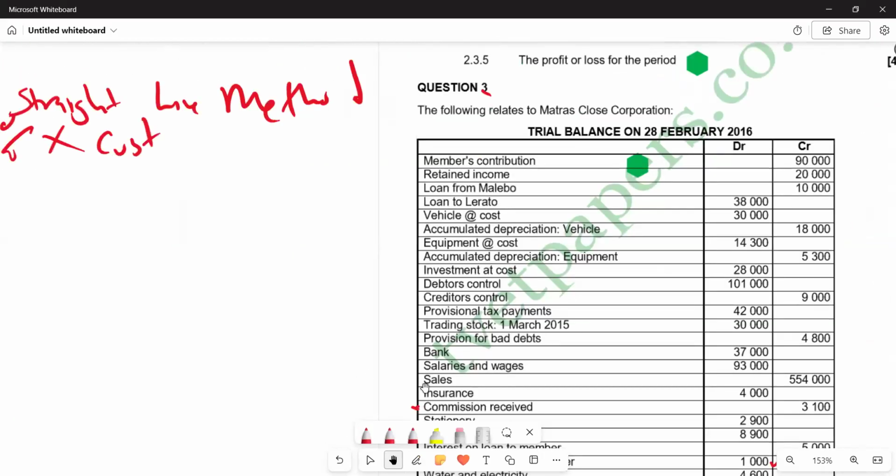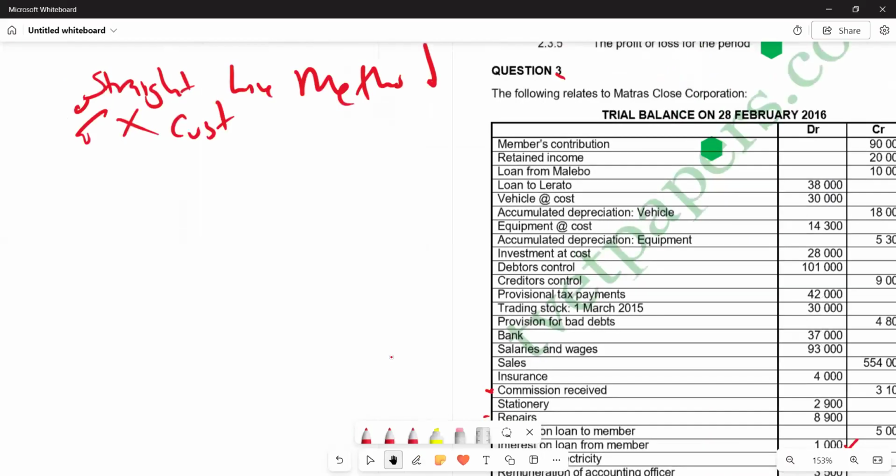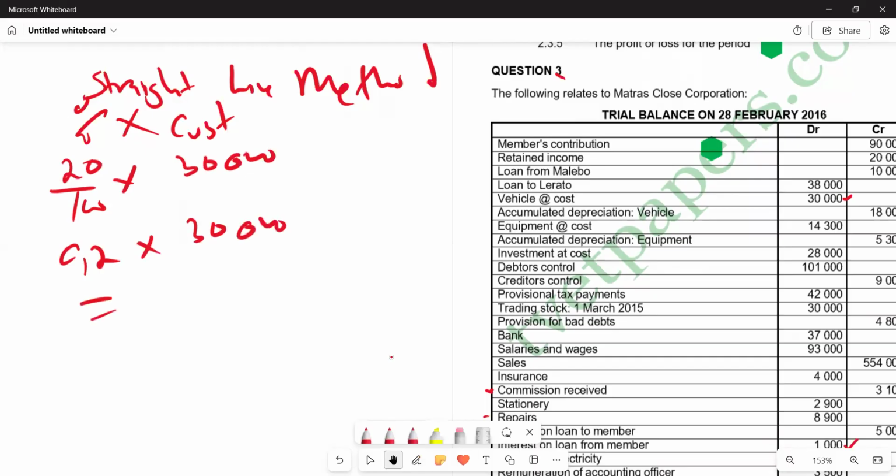In this case, the cost for vehicle that we have is 30,000. So we are saying 20%, which is 20 over 100 times 30,000. If you reduce it further, it becomes 0.2 times 30,000. And when we calculate that one, we're going to get 6,000. So 6,000 is the depreciation for vehicles.